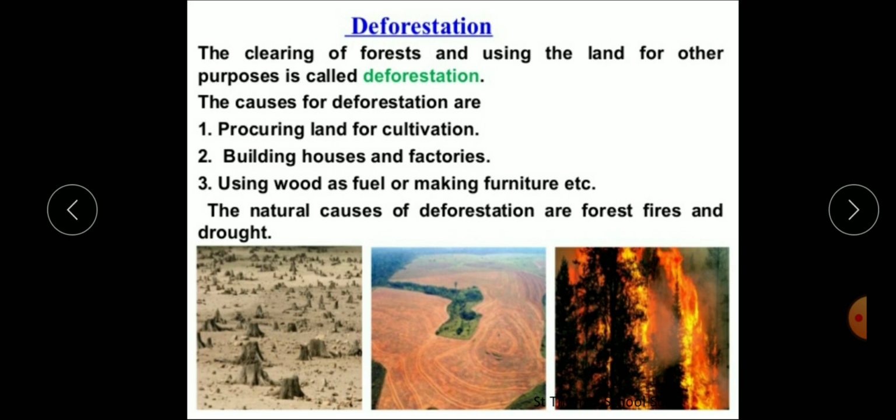Some natural causes of deforestation include forest fires and lowering of the water table caused due to droughts. So you can see here the causes of deforestation are procuring land for cultivation. Procuring means to obtain land for cultivation. Then it is also for building houses and factories, using wood as fuel or making furniture, right?